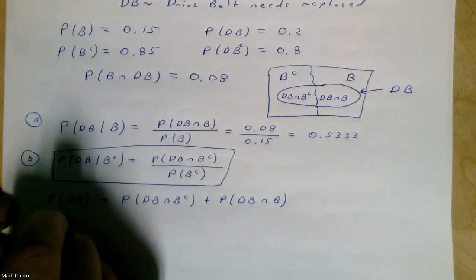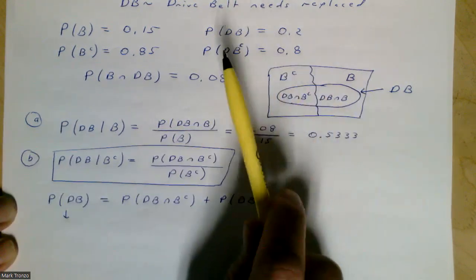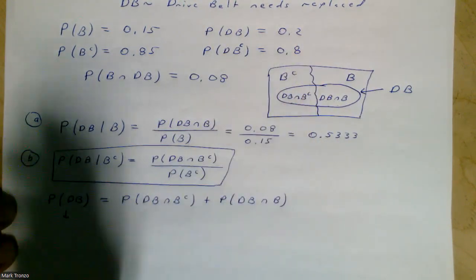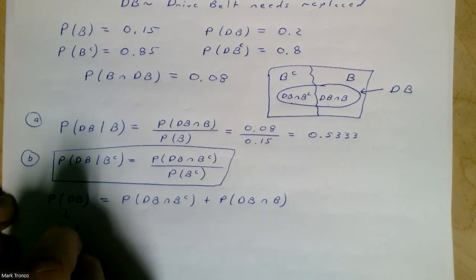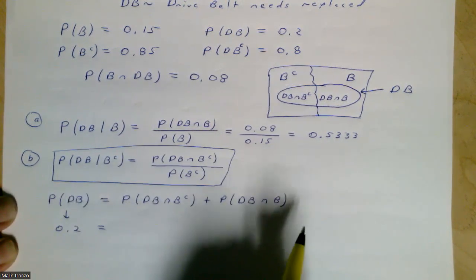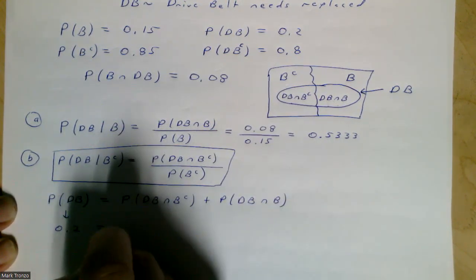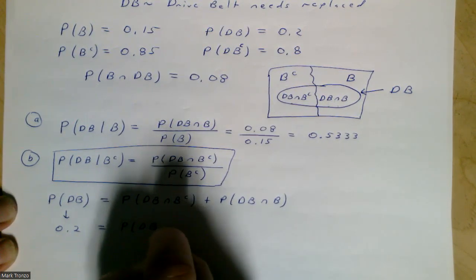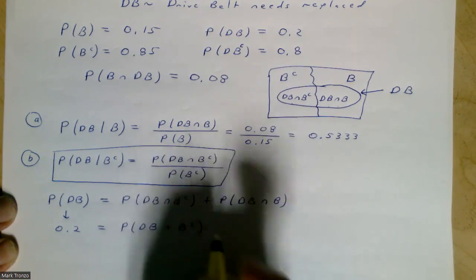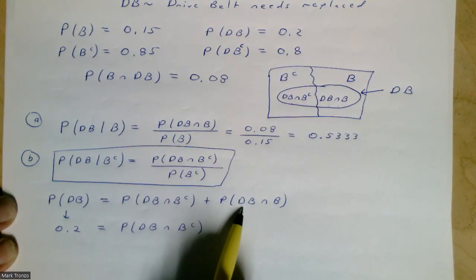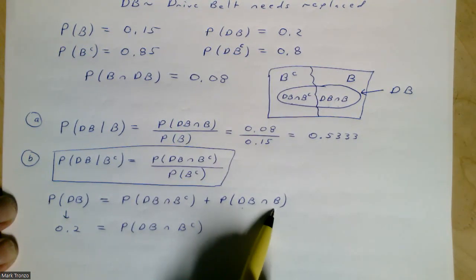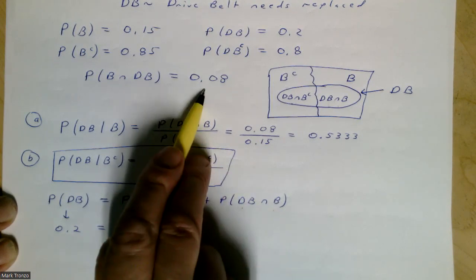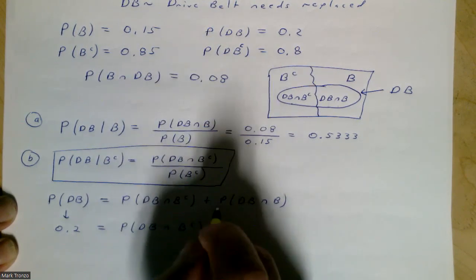Now over here, we know that the probability the drive belt needs replaced is 0.2, and we want to solve for this. We know the probability the drive belt needs replaced and the blade is damaged is 0.08.